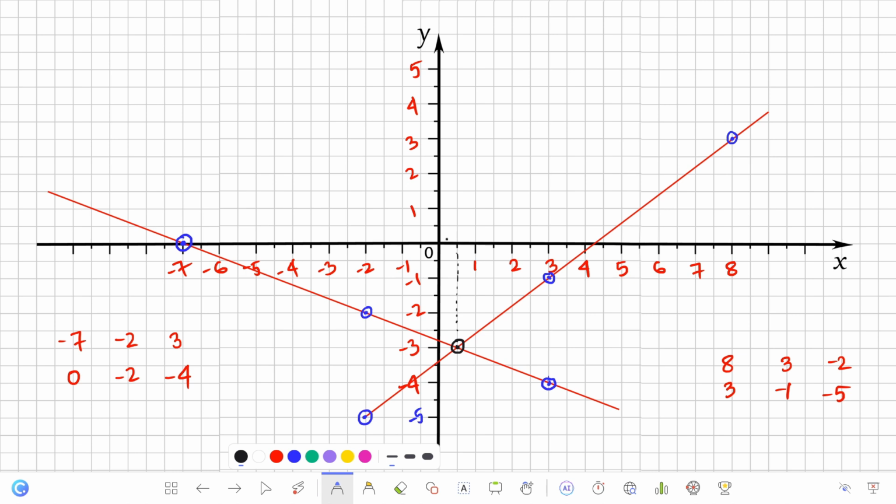It is the middle point of 0 and 1. So the value of x should be 0.5, as it is on the positive side. And the value of y, you can see, is -3. So here is our answer: x comma y is equal to 0.5 comma -3. So that is our answer.